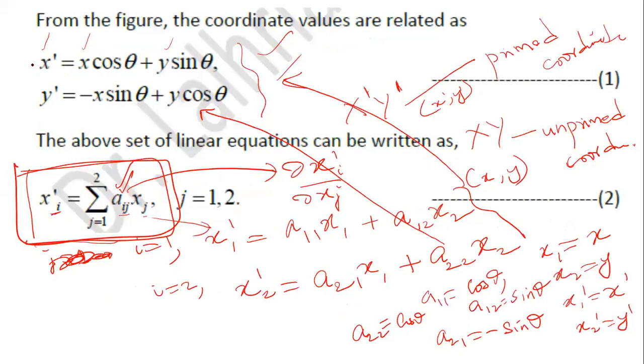This we write as our xi, x1 prime. So our x1 prime can be written as a function of x and y. And our x2 prime can be expressed in terms of x and y, meaning x2 prime is simply a function of x and y.